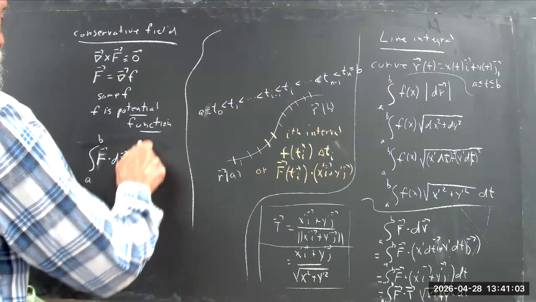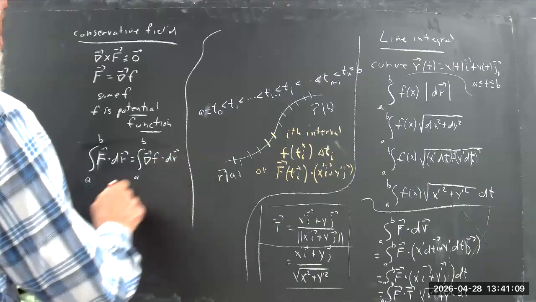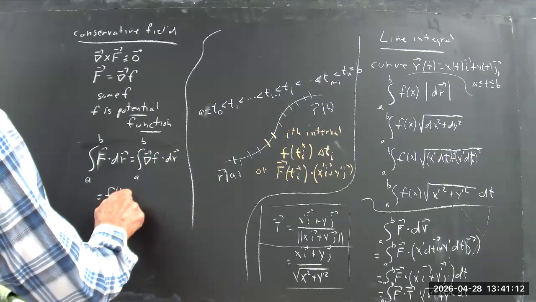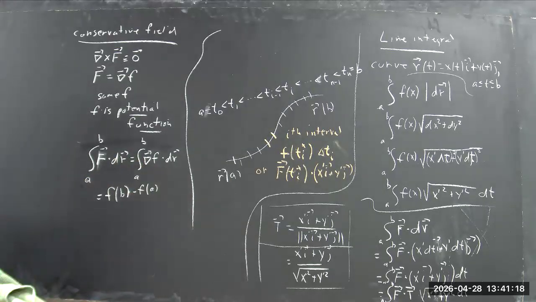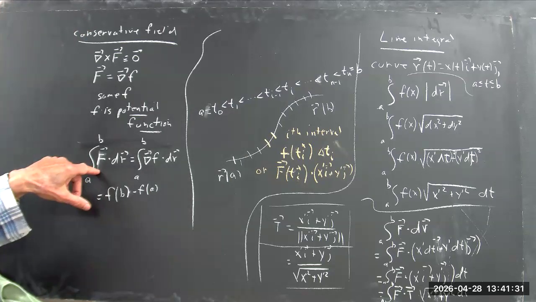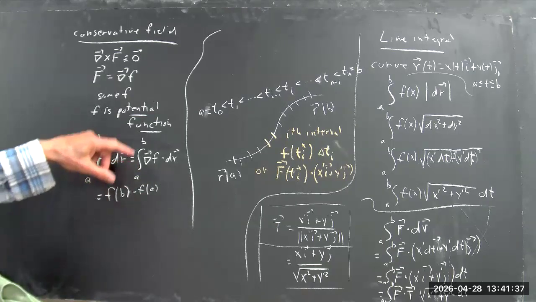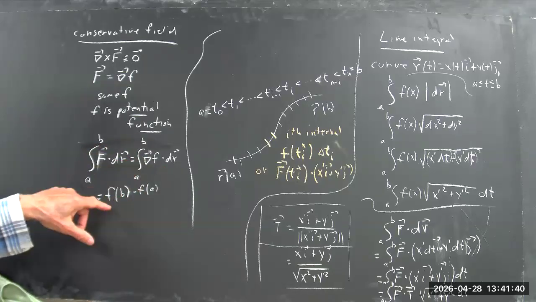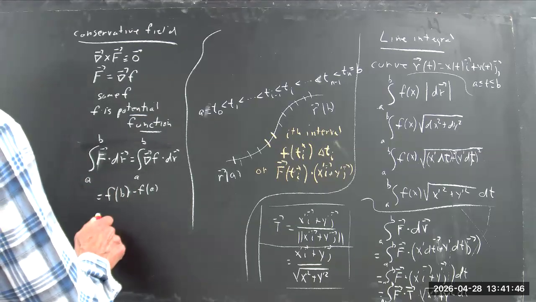Yeah, I can write that. The integral from A to B. If big F equals del f, then del f is like an antiderivative of big F. So when you integrate from A to B of del f, you're getting f of B minus f of A. I'm just going to say, you want to sort that idea out.